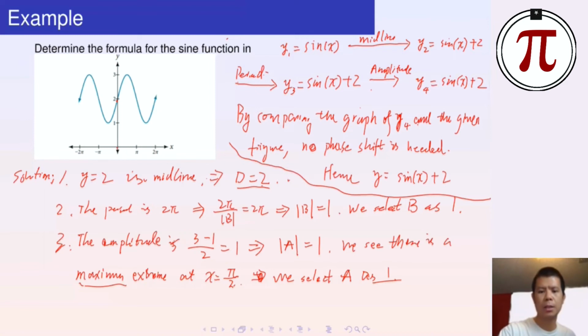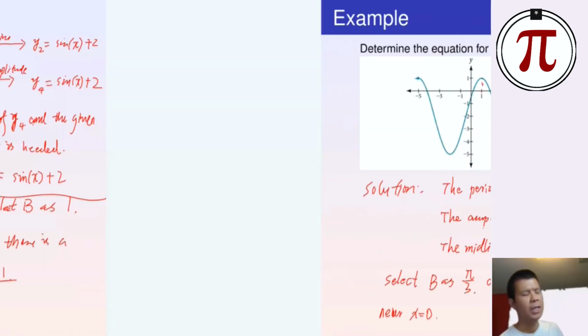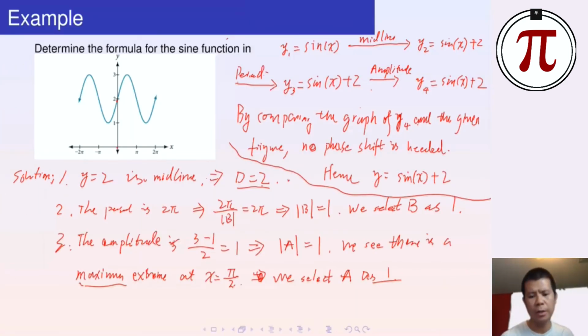All right. This is how graphing can help us step by step. After determining the midline, the period, and the amplitude, we can just change it. So we adjust for the midline, adjust for the period, and then the amplitude, and then we finally determine the horizontal shift.